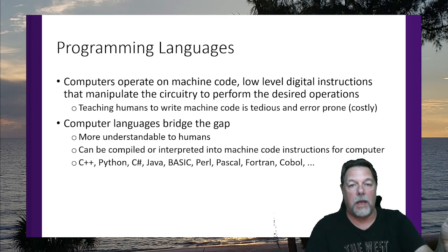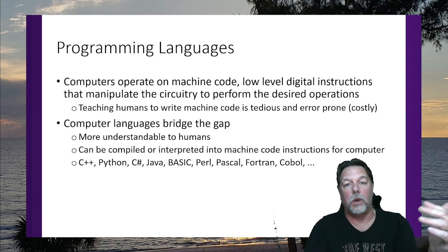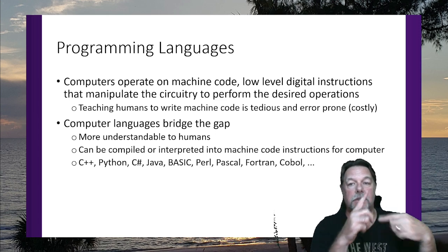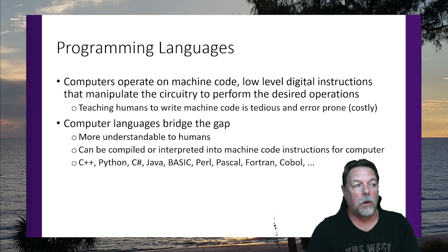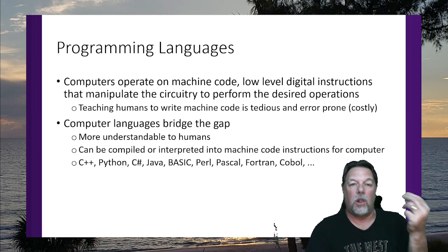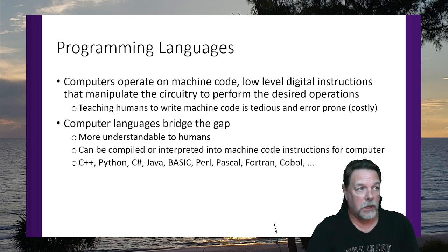It'll perform some calculation and it'll send the output out to some register or some other memory location. It's constantly doing that very simple and basic mundane task many, many times a second, and very accurately, we hope. Almost never failing to do the correct thing. But it all operates on machine code. We would refer to those also as low-level digital instructions.